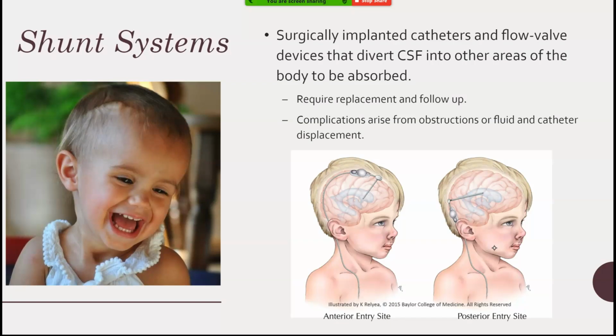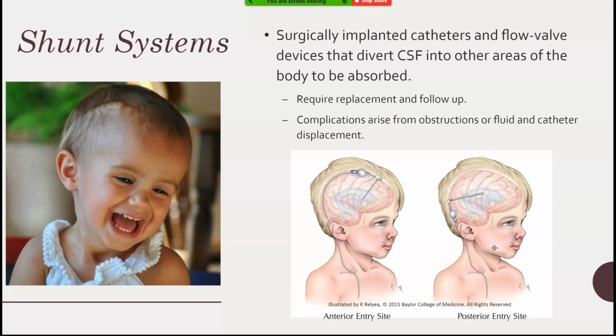So basically, there's two different types. It can be up high or it can be down low. They put a catheter into the ventricles, where the cerebral spinal fluid is produced, in the center of the brain. They bring it up and out under the skin, and it goes down into the abdominal area.